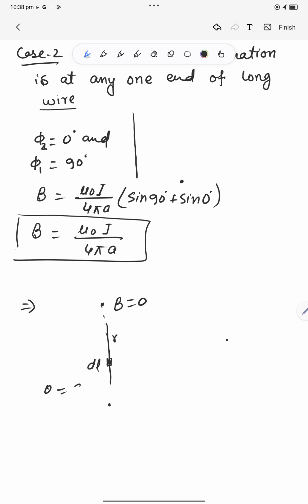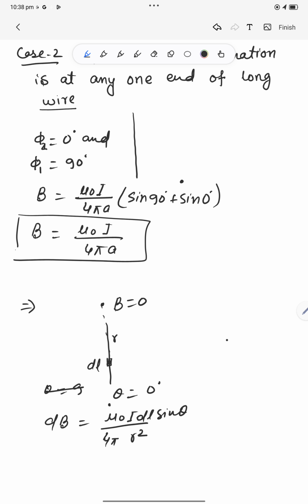That means theta will be 0 degrees, and we know the small current carrying element's magnetic field dB is equal to mu naught by 4 pi, I dl sine theta by r square.